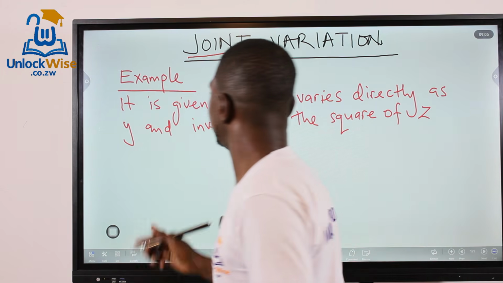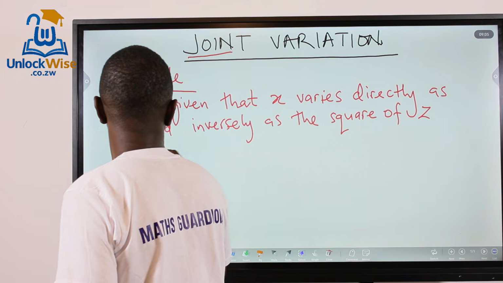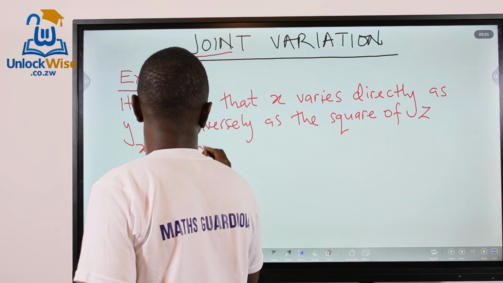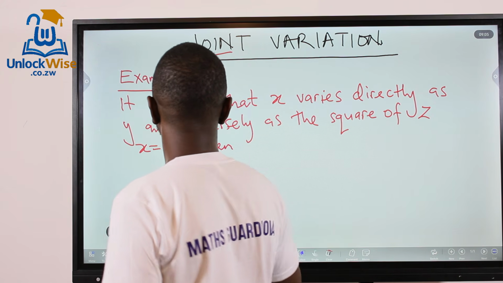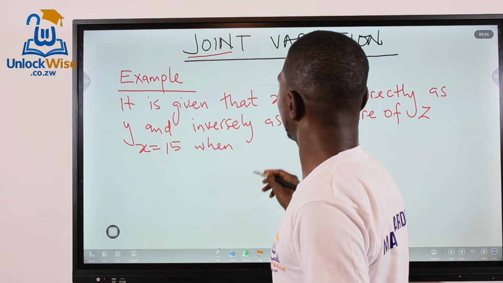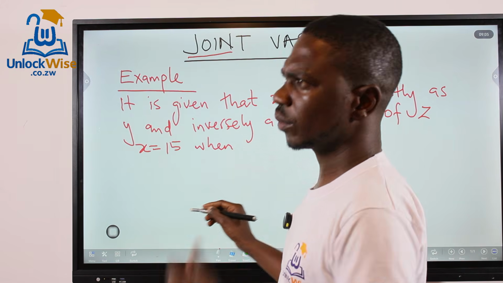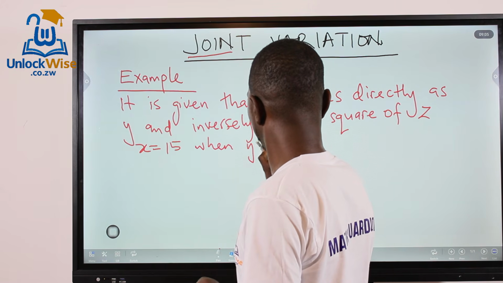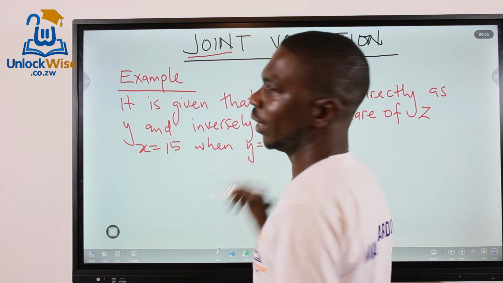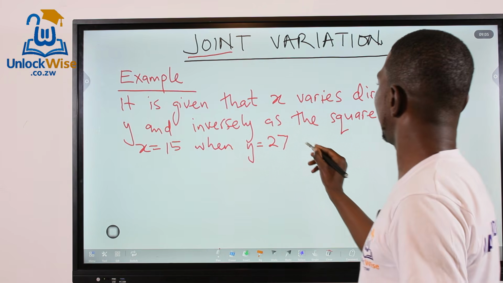Then x is equal to 15 when y is equal to 27 and z is equal to 2.